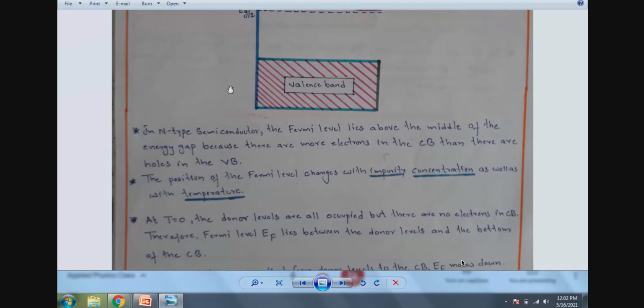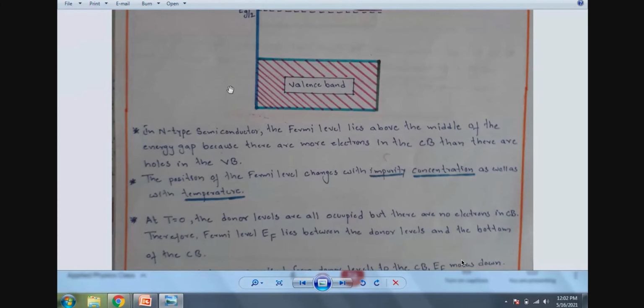The Fermi level position is exactly halfway between the donor and the conduction band level. We are going to have a mathematical expression for that one. So this gives EF is equal to ED plus EC by 2.